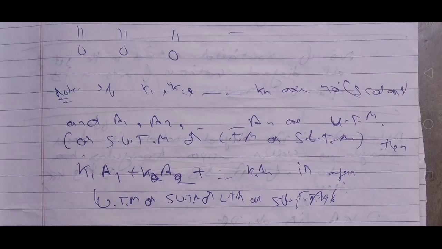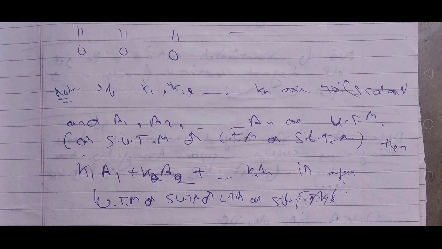Now see this note: if k1, k2 up to kn are scalars, and A1, A2 up to An are upper triangular matrices, or strictly upper triangular matrices, or lower triangular matrices, or strictly lower triangular matrices, then k1 A1 plus k2 A2 plus up to kn An is again an upper triangular matrix, or strictly upper triangular matrix, or lower triangular matrix, or strictly lower triangular matrix.